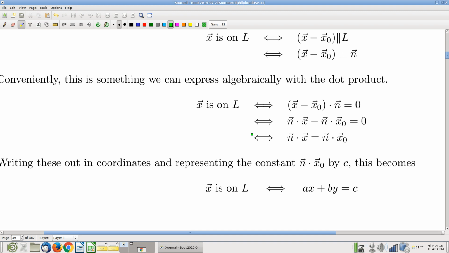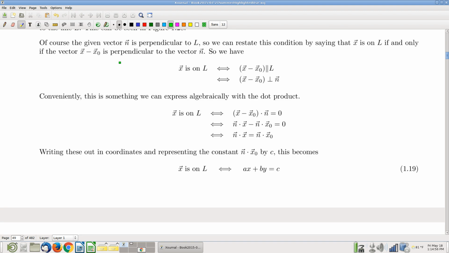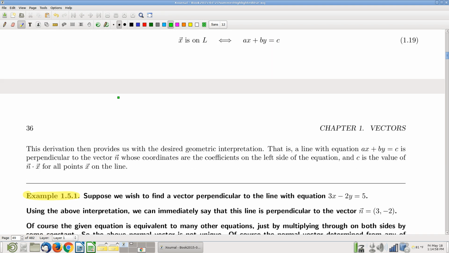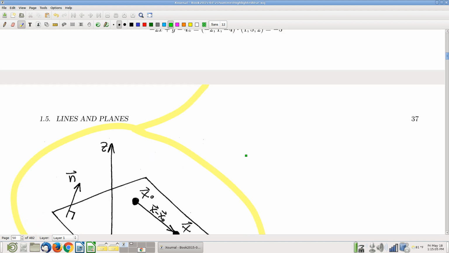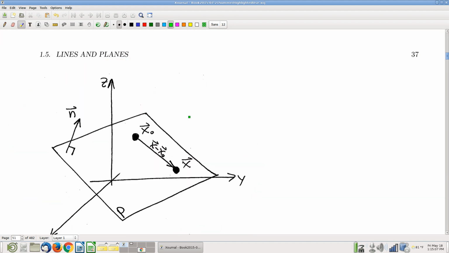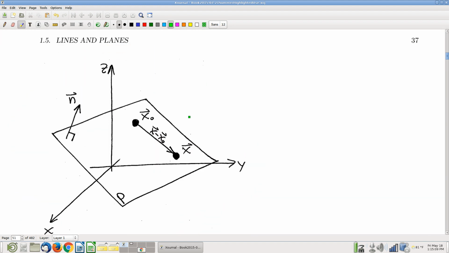Okay. All right, so you could say we're just cleaning up a little bit of a mess from high school algebra, but there's a more important application, and that is that you can use the same argument to come up with the equation of a plane. So here it goes. Suppose you have a plane that contains that point x naught, and it is perpendicular to that vector n.